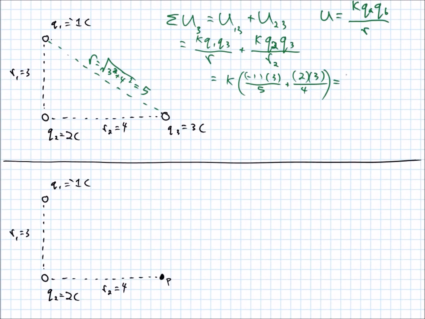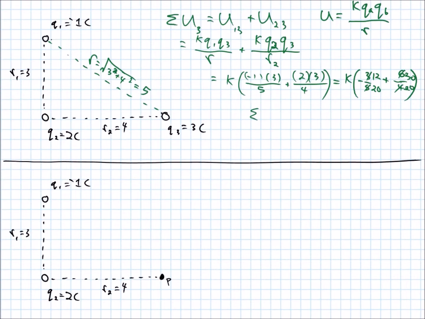That's going to be equal to K times -3/5 plus 6/4. We'll want a common denominator. Let's go with 20. Multiply the top and the bottom of this by 4, and we get 12/20. Multiply the top and the bottom of this by 5, and we get 30/20.